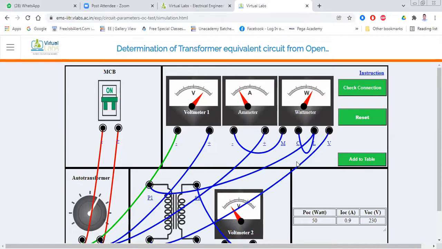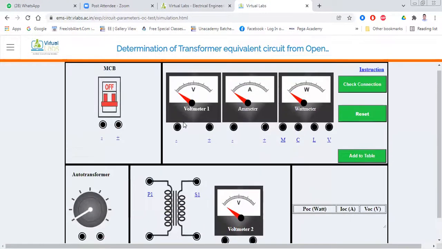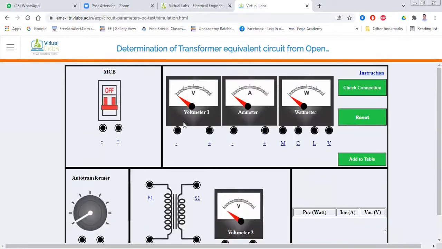First we have to reset all the things. Now we have to design the short circuit in our given experimental panel. So how do we design the short circuit?